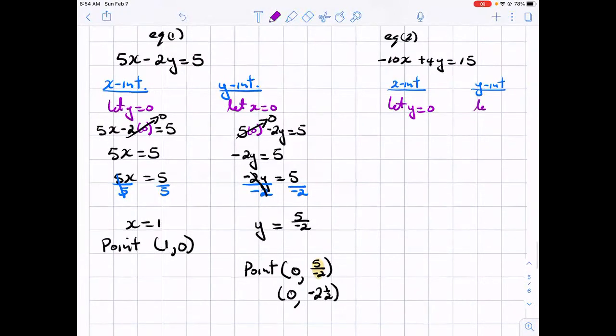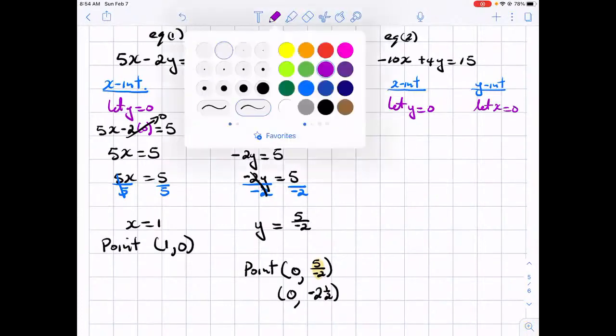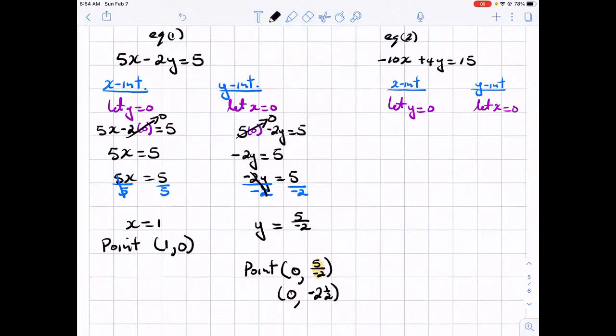And for the y-intercept, let x equal 0. If we plug this into equation 2, we have minus 10x plus 4 times 0, and that is equal to 15.